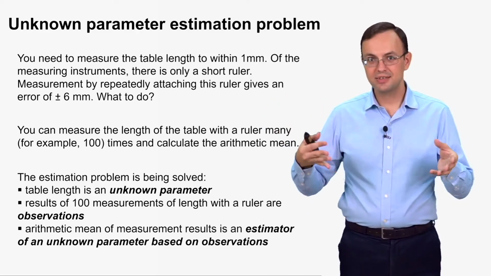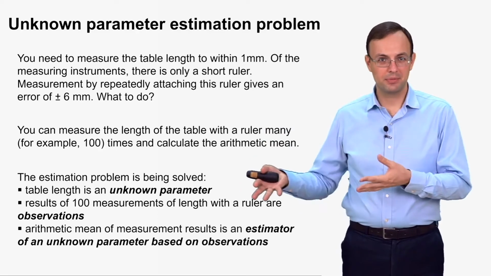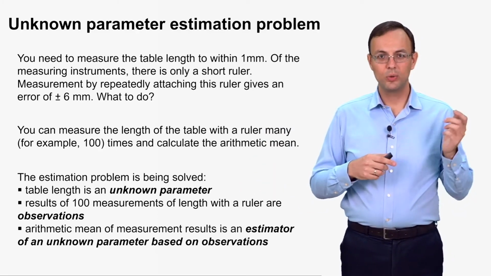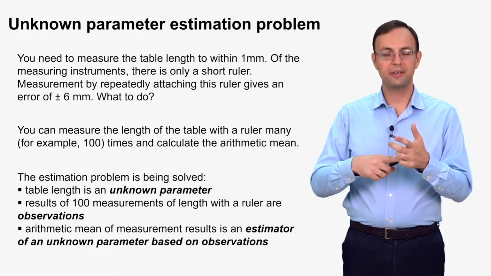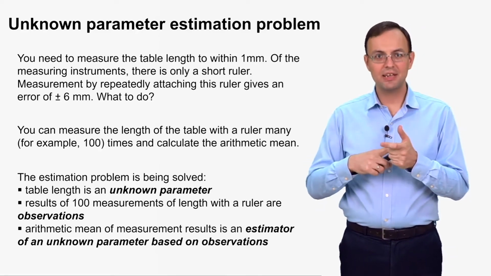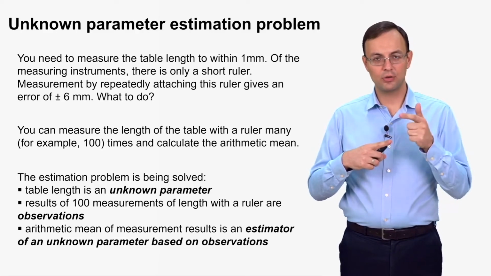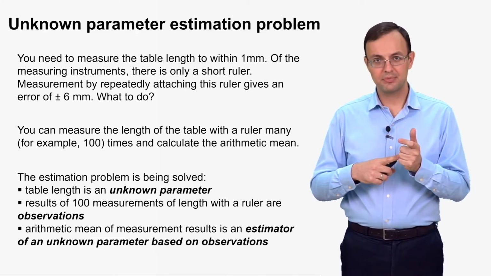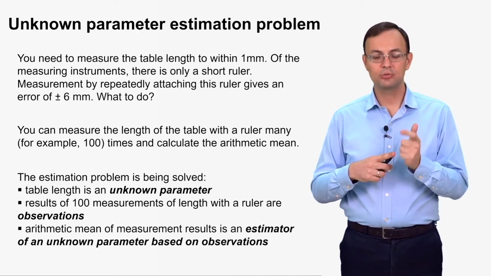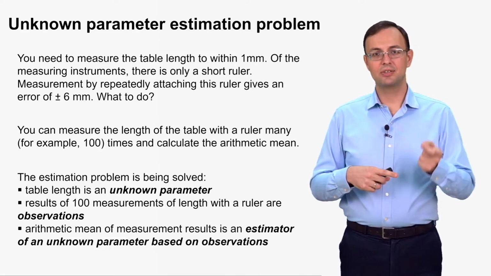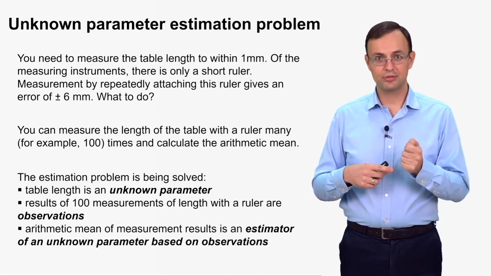So that means that we have a random variable. We have an unknown parameter, we have observations, and we have an estimator of the parameter based on observations. The parameter is a non-random but unknown number. Observations are random variables, and the estimator is also a random variable.